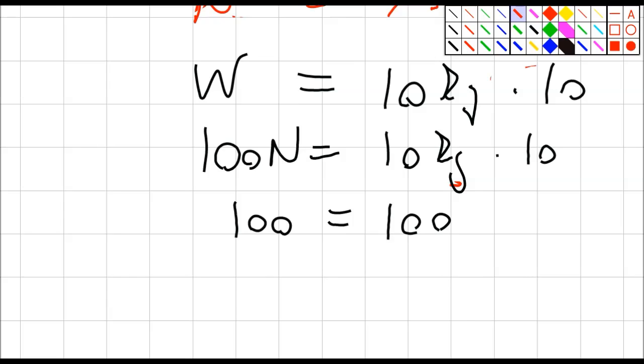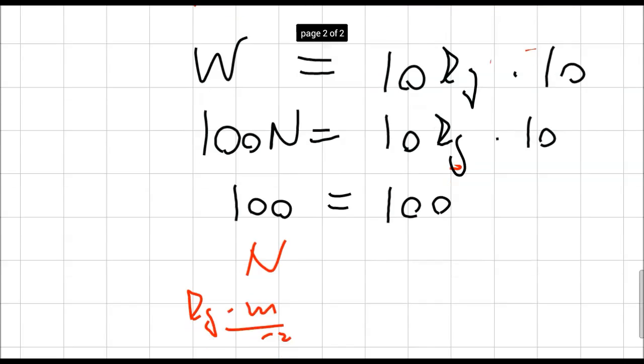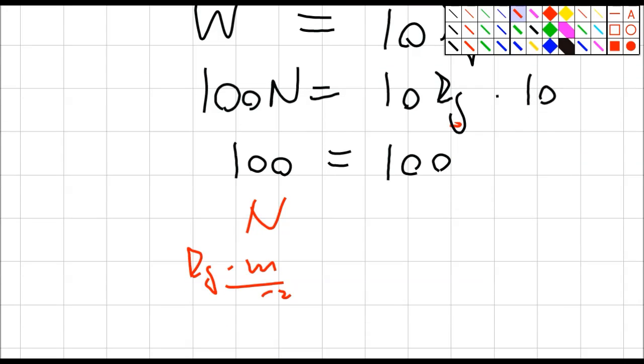Correct. By units we have Newton on this side, and mind you it's kg times meters over square seconds. And on the other side we only have kg. How can it be that kilogram, kg, on one side equals kilogram times meters per square seconds on the other side? Not good.